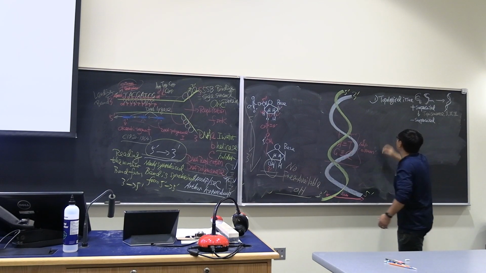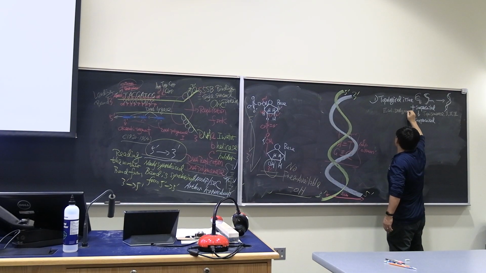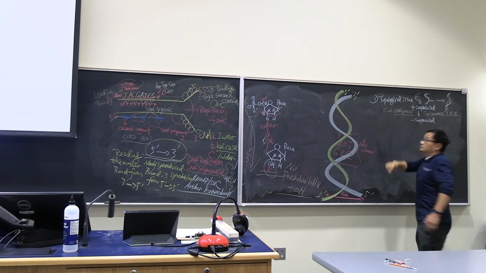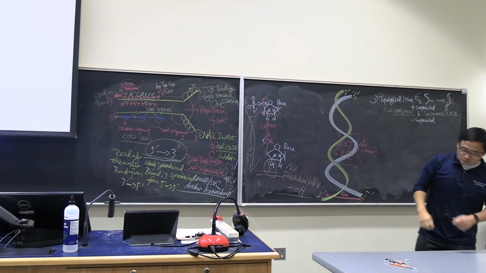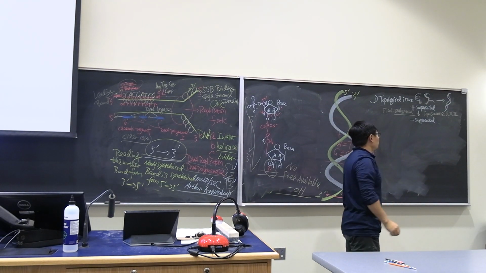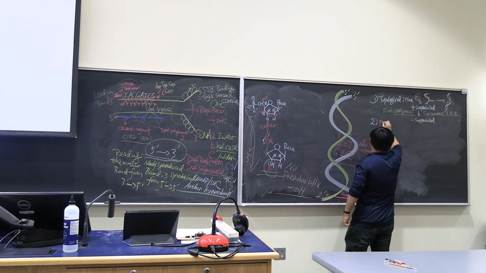Typically in E. coli, it is called DNA gyrase. So the first issue is solved. We have topoisomerase. The second issue we call the fidelity issue.